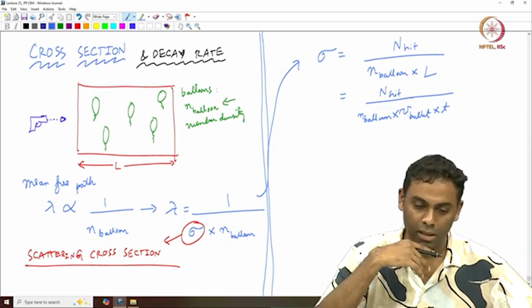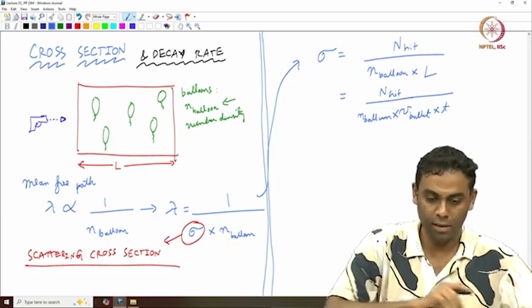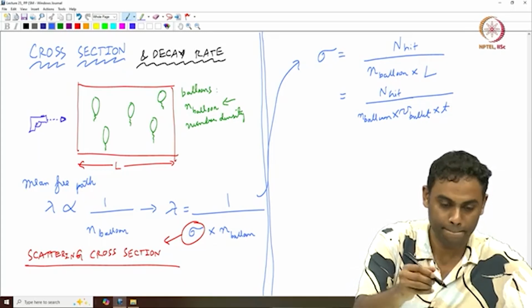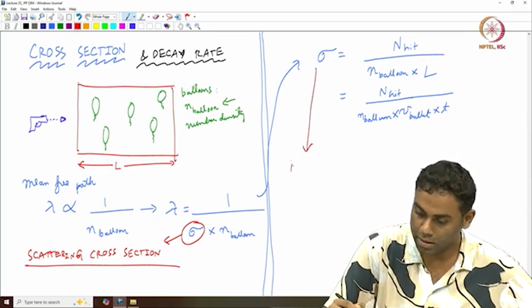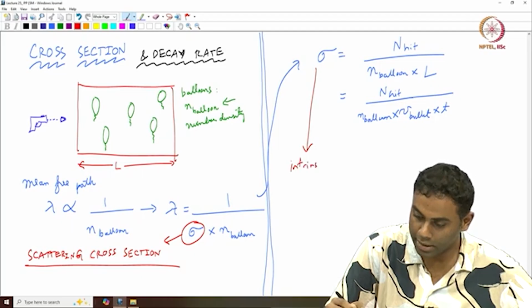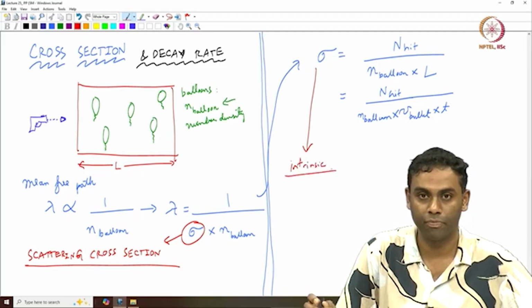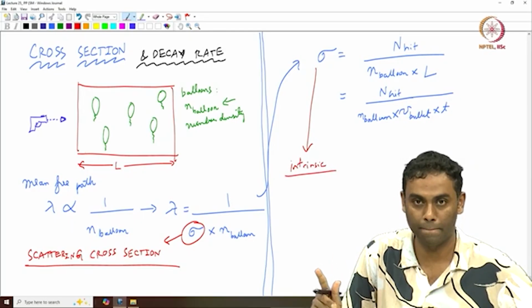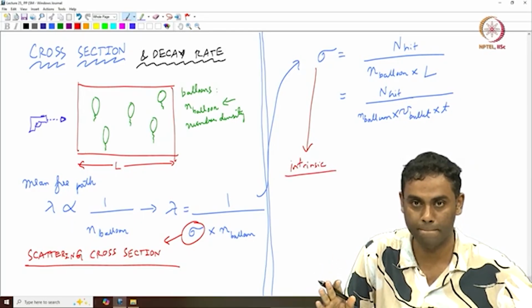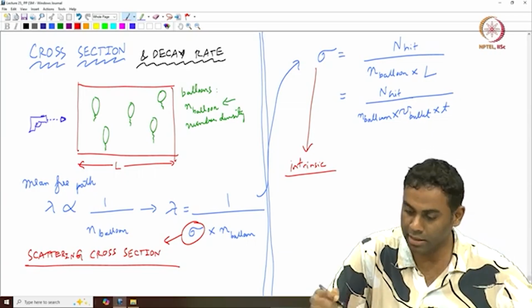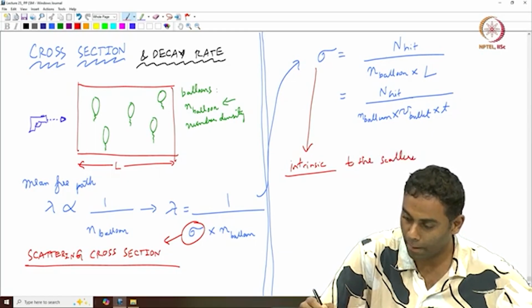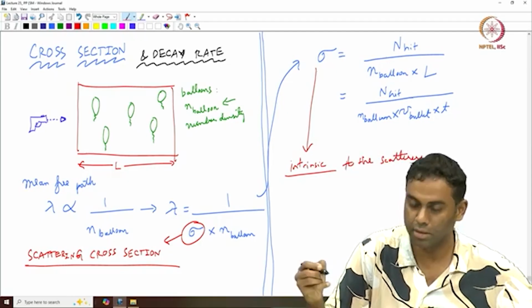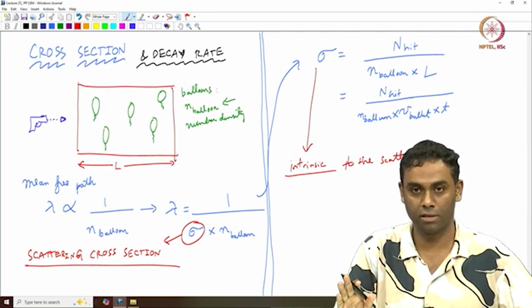right? So in all this, what I am implying is that the cross section is intrinsic. This is not the thermodynamic intrinsic. Okay, I am using this as an English term here. Okay, it is intrinsic to the scatterers. That is, this was not in your hands actually.